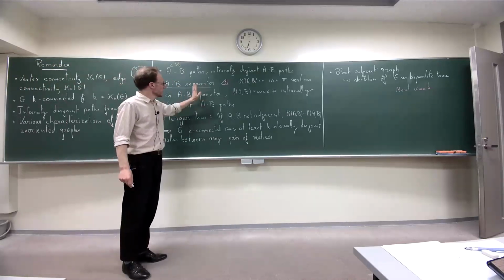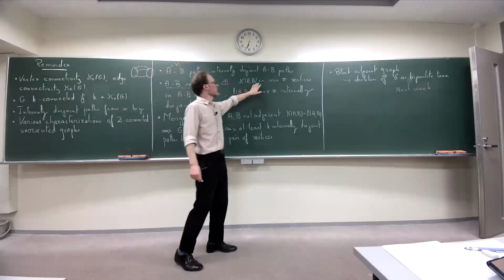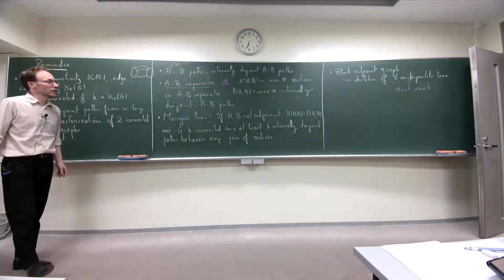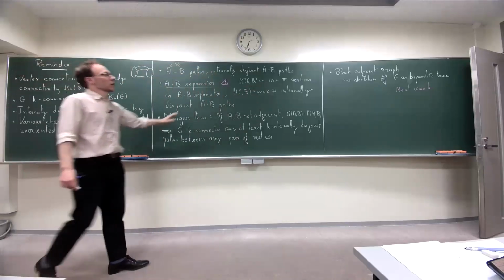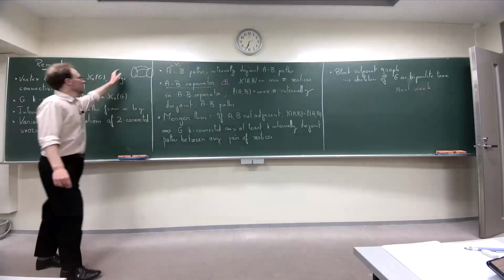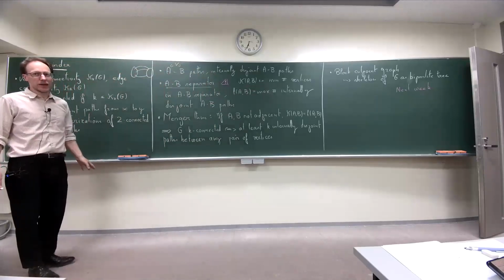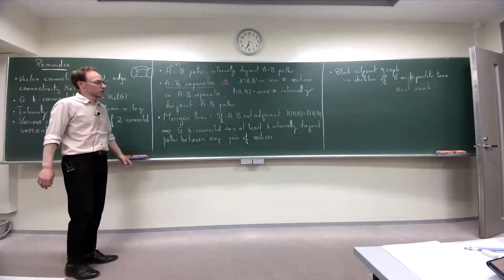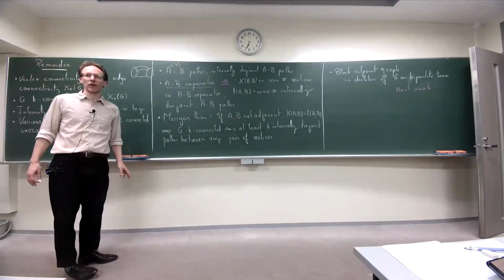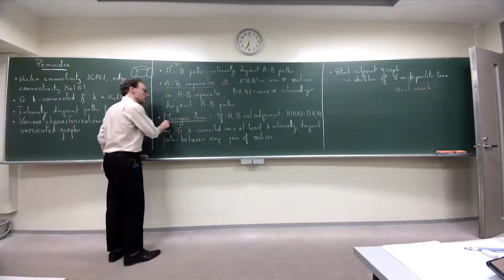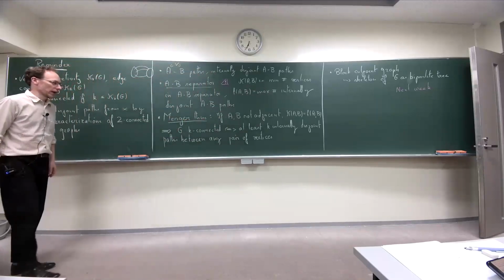Once you have this notion of separator, you can define the minimal number of vertices in an AB separator, or you can look at the maximal number of internally disjoint AB paths. Quite intuitively, you will find out that these two numbers are equal. And this is what is called Menger's theorem.